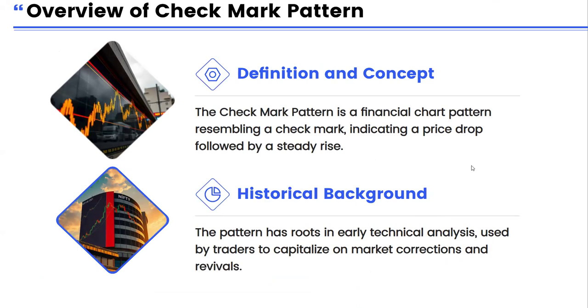The condition for this pattern is that usually in the early morning hours, within 2 hours, the market tends to come down. You should see consecutive red bars, and then it halts at a place and forms a reversal pattern. That will be like a V-shaped reversal, which resembles a checkmark pattern.